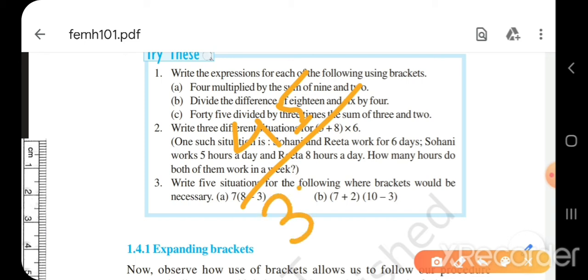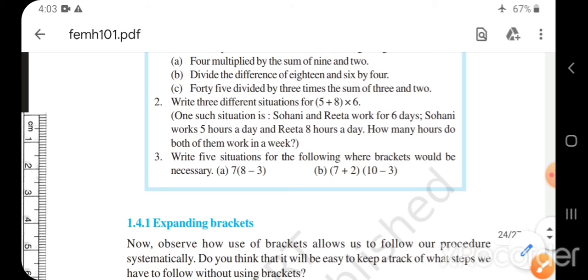So 3 times, in bracket, 3 plus 2. 3 plus 2 is 5 and 5 into 3 is equal to 15. So 45 divided by 15.